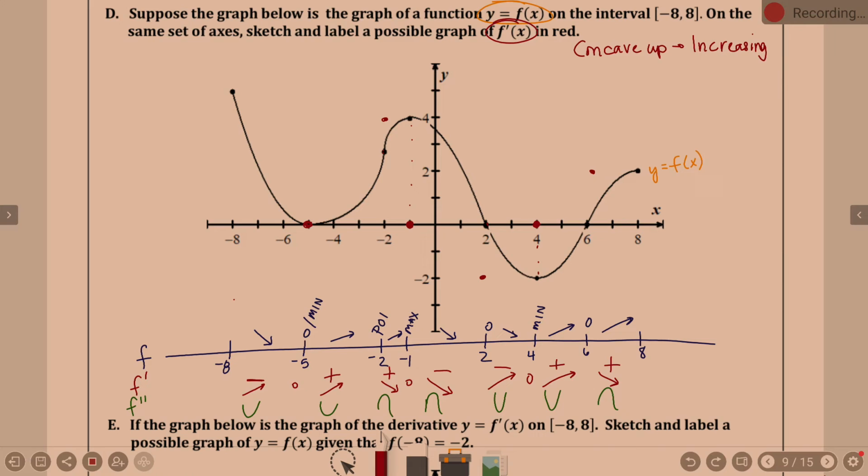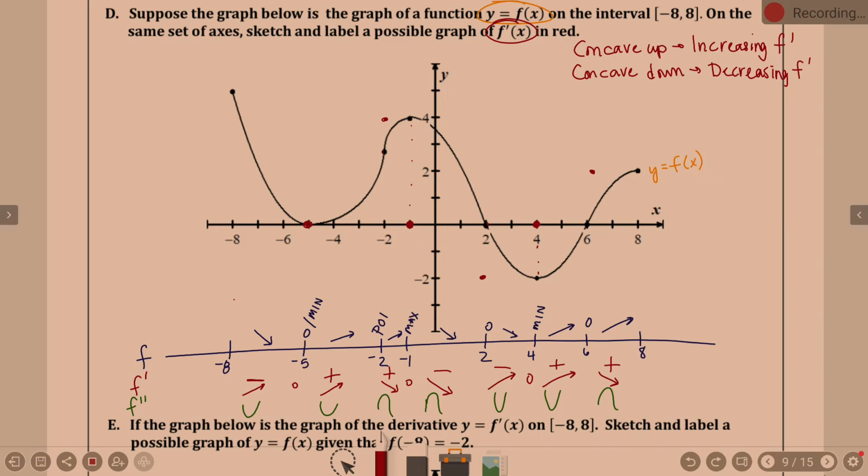Concave up is when we have an increasing first derivative. Concave down. Wait, is this going to do it for me? Sorry, I had this all figured out last night, and now my brain's... Okay, I think I got it.